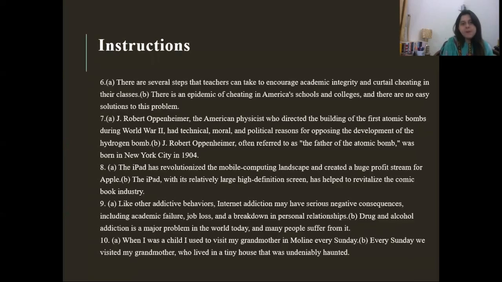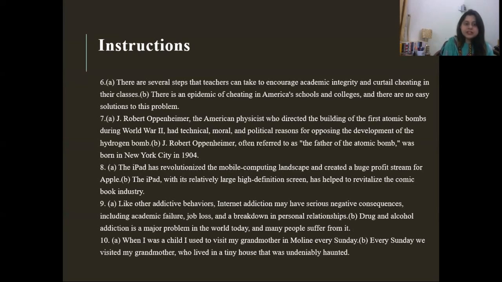So simply by reading this thesis statement, I know the stance of the writer. The writer is going to focus on the role of teachers in curtailing cheating. So probably the topic is issues related to cheating or solutions to cheating. The second statement only states that it's a problem and it has no easy solution, but it doesn't present the stance of the writer, right?